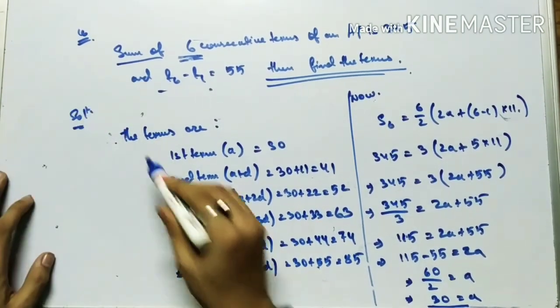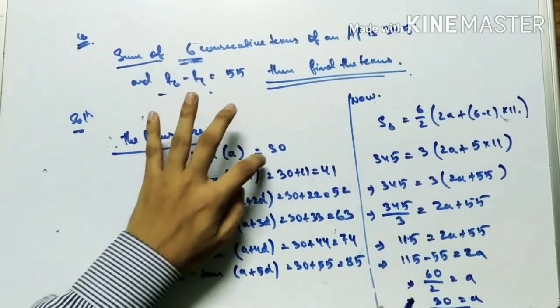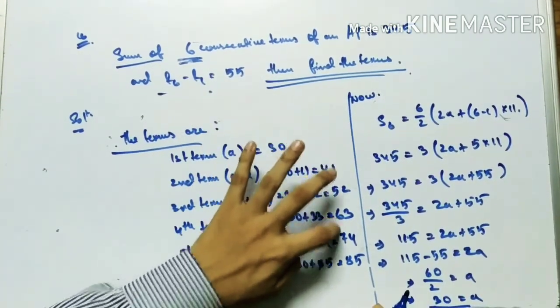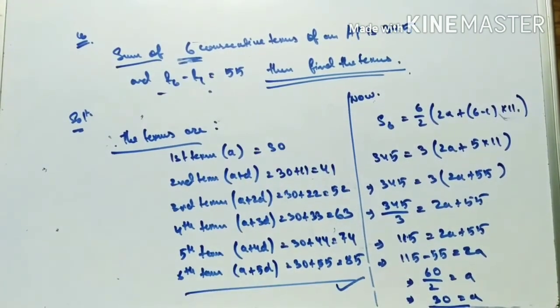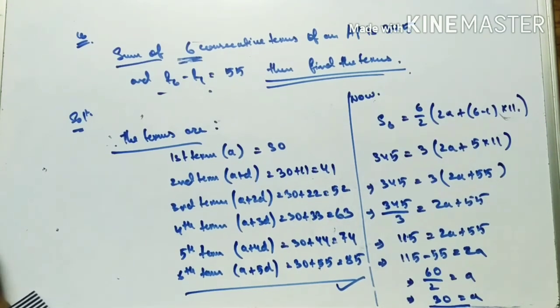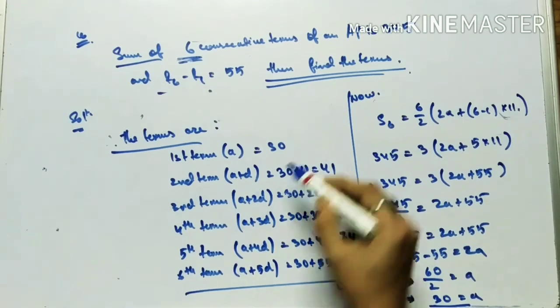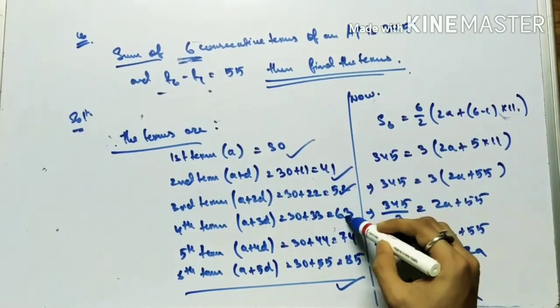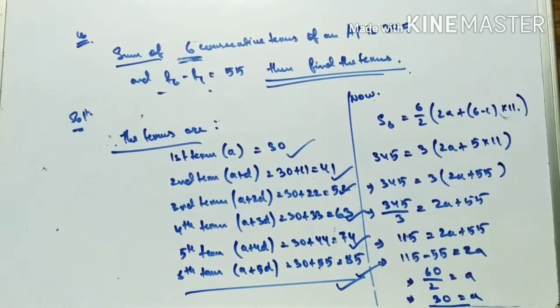So the 6 consecutive terms are 30, 41, 52, 63, 74, 85. This is the answer. Let me check the back answer for number 16: 30, 41, 52, 63, 74, 85. Understand?